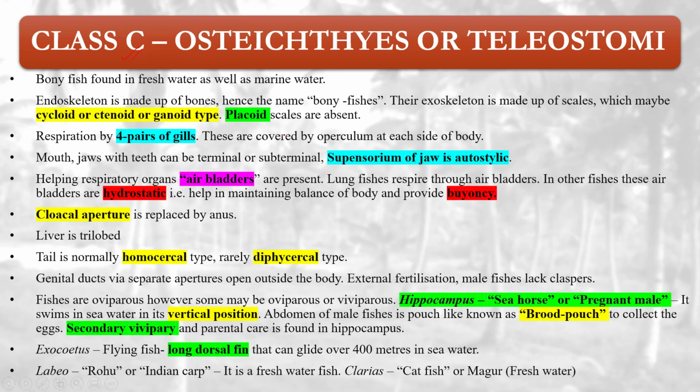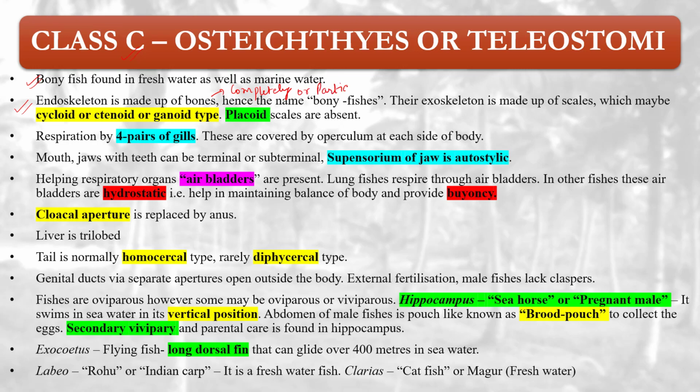Bony fishes are found in fresh water as well as marine water; their habitat is on both sides. Their endoskeleton is made up of bones either completely or partially.